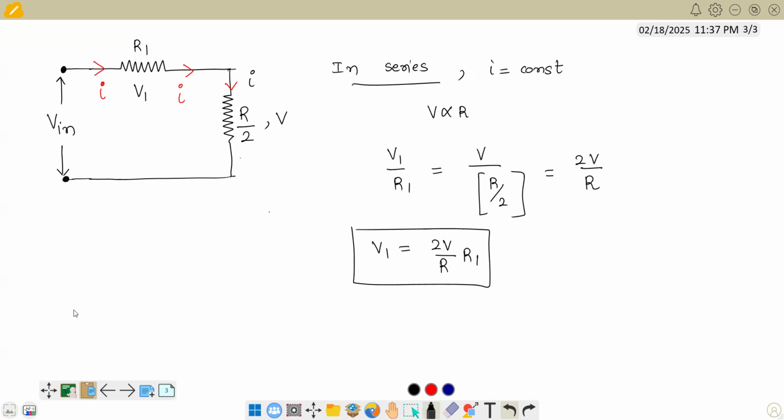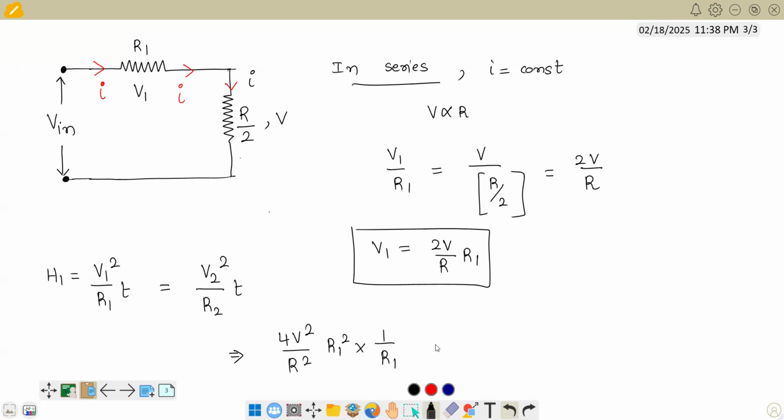Now what is the heat dissipated across this? H1 would be V1 square divided by R1 into T. This heat must be equal to V square divided by R2 into T, because the author is saying the heat must be same. So based on this, V1 square would become 4V square by R square into R1 square into 1 by R1.